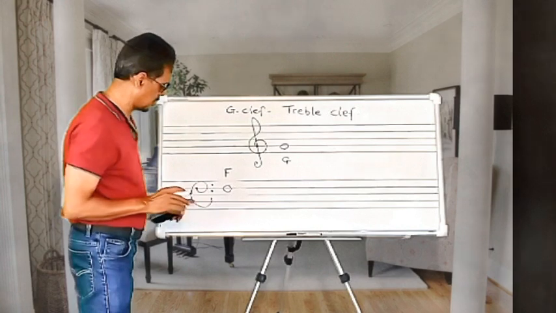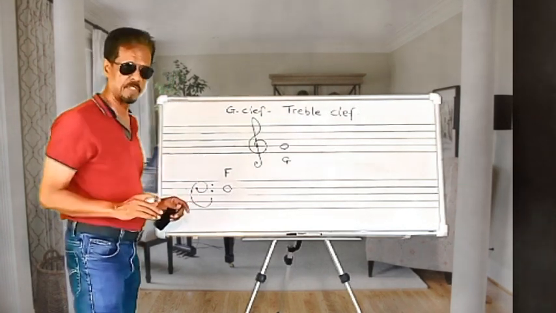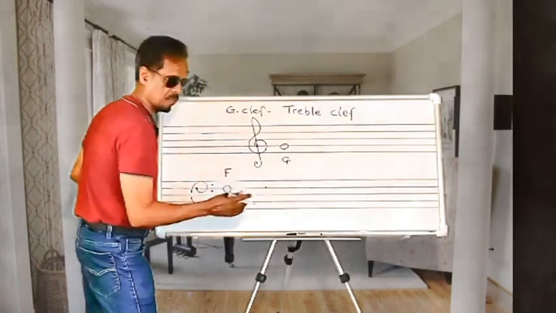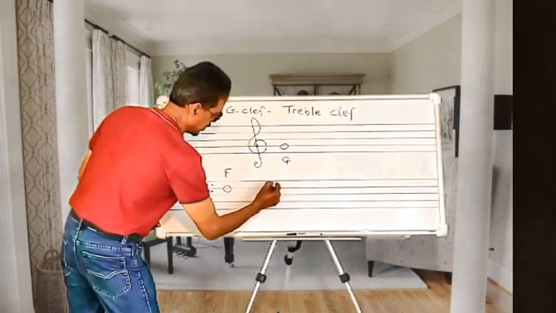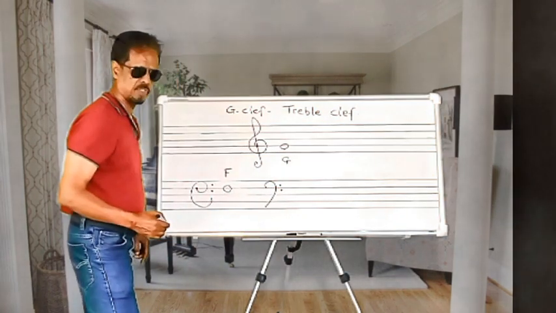But you may never find this sign on a music sheet, because actually we write it like this. We start from the fourth line and it goes like this, but still we have the two dots here.